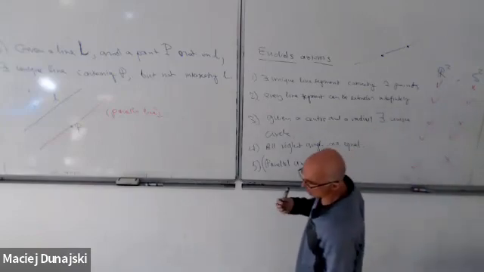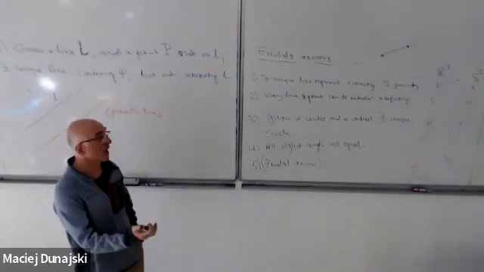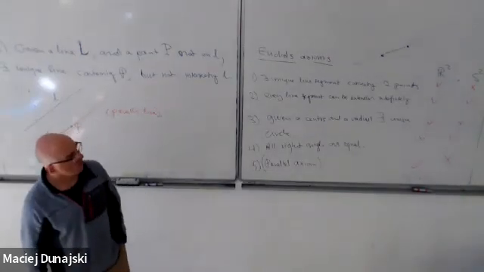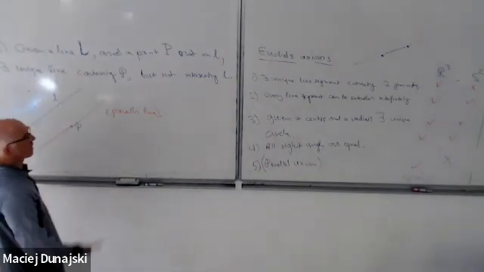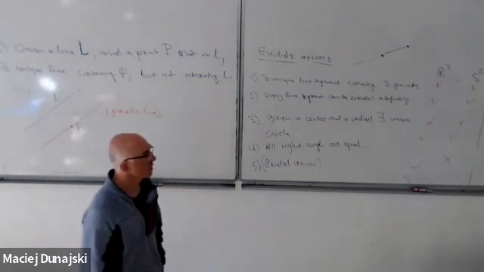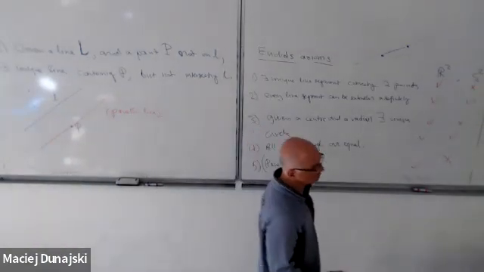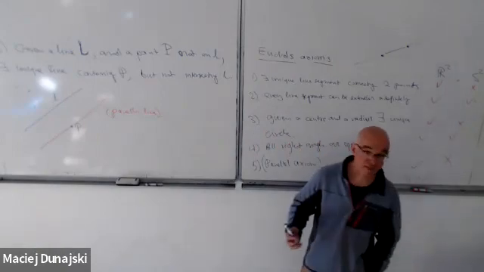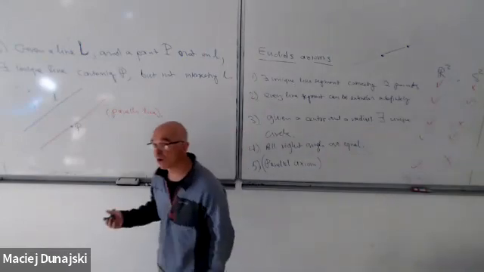The problem, which dates back to Euclid himself, was to see whether this fifth axiom is independent of the first four. People tried showing that it's dependent, but the proofs were wrong.